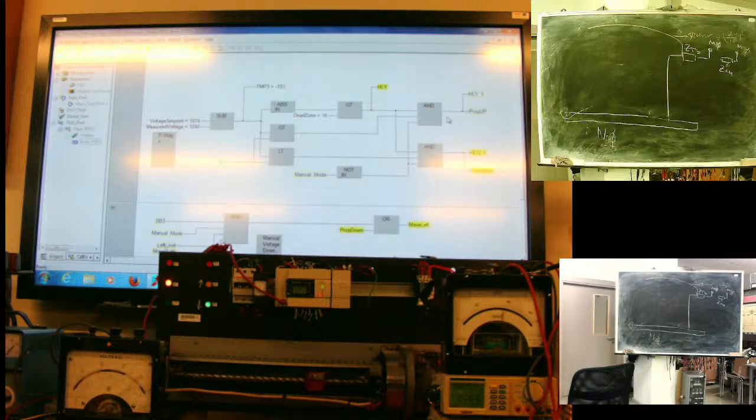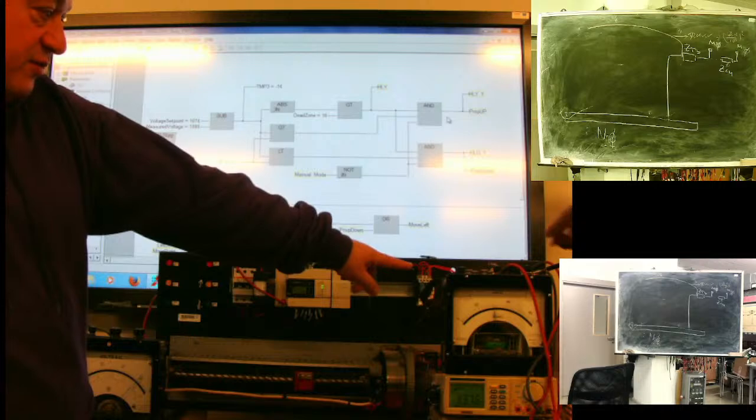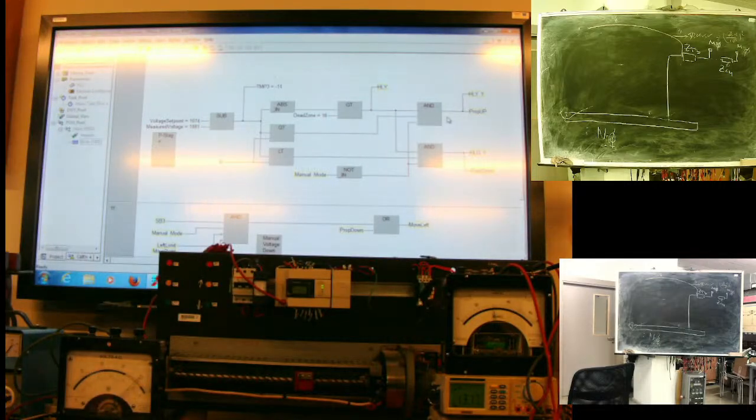I'm setting voltage to 240 volts. What's going on? See, 137 and 170 volts. Okay, 180. This one is more precise. 180 volts. What's it doing?